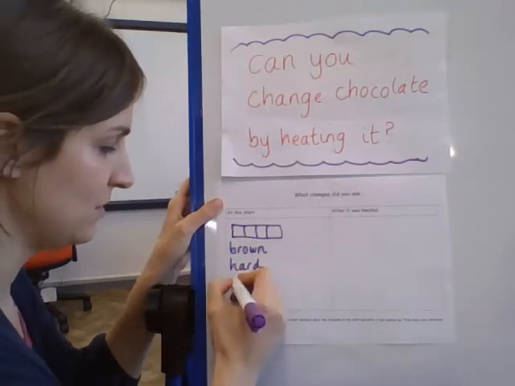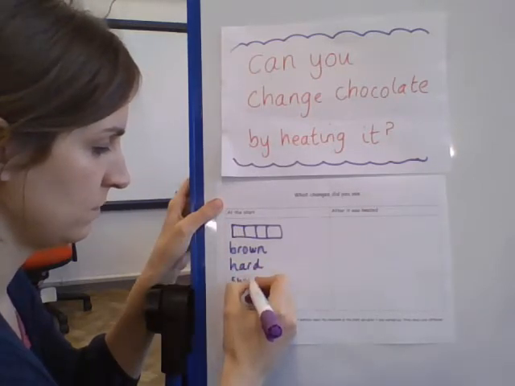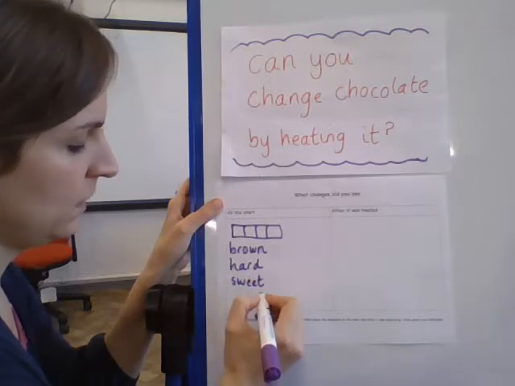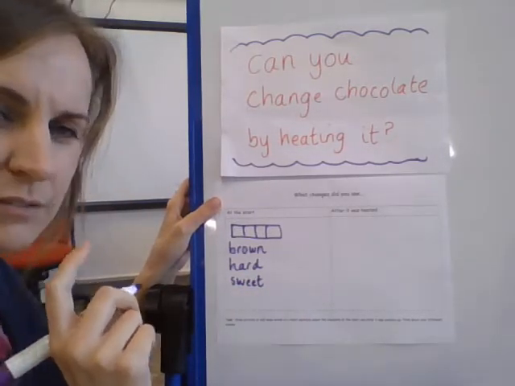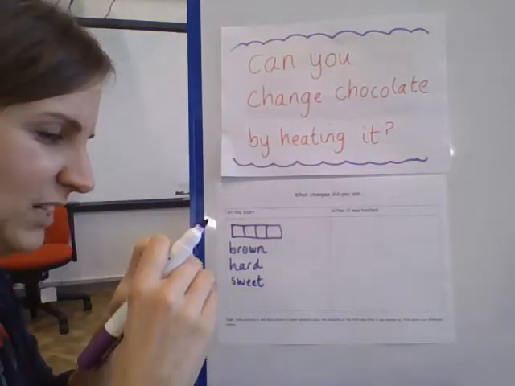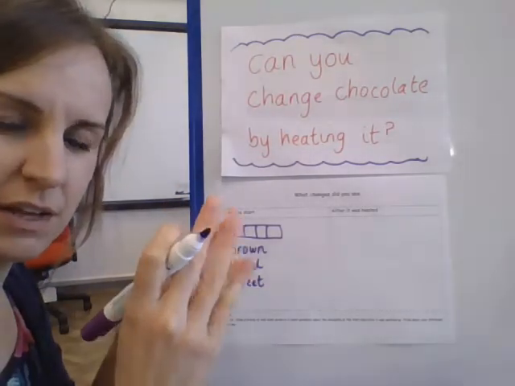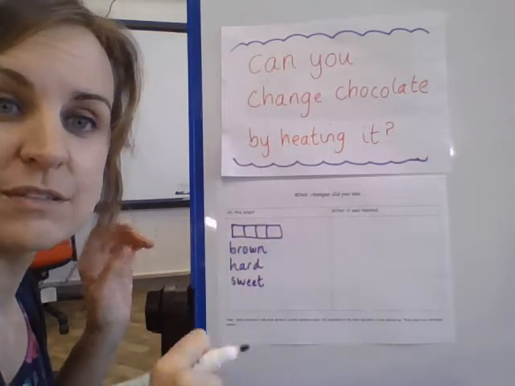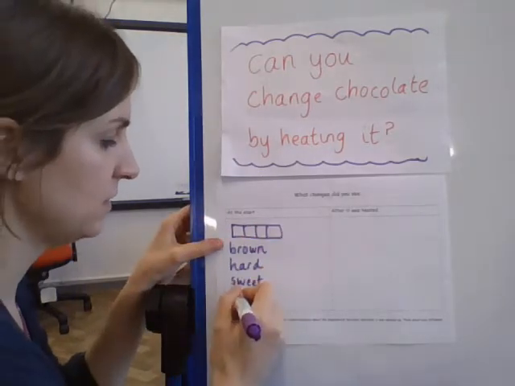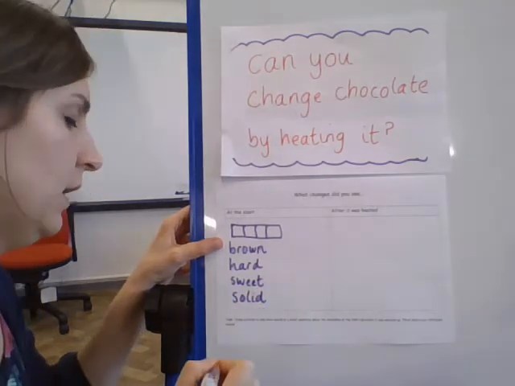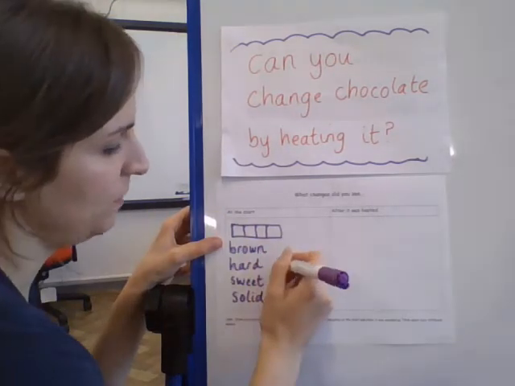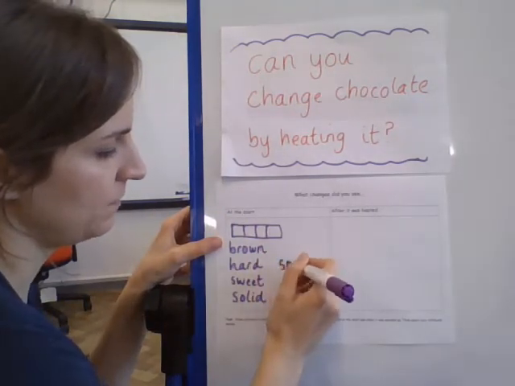It's now untasted sweet. I had a word. What was that word I said for something that was really hard? You couldn't stretch it. What was that? Oh, solid. It was solid. And what else? Oh, it snapped when you bent it. I'm going to put snapped.